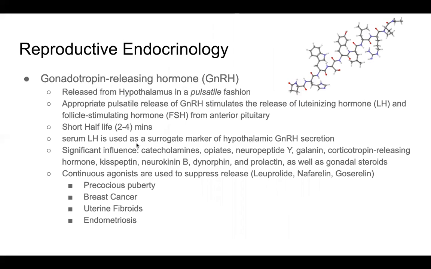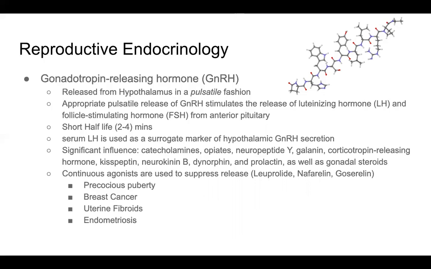The first that we're going to talk about is GnRH, gonadotropin-releasing hormone. It's released from the hypothalamus in a pulsatile fashion, and pulsatile is in italics because that's important for normal physiologic function. We've known, from drugs that we've used that mimic this, agonists, antagonists, really anything that interrupts the pulsatile fashion, disrupts the normal physiologic process of GnRH to FSH, LH, and then subsequently estrogen and progesterone.